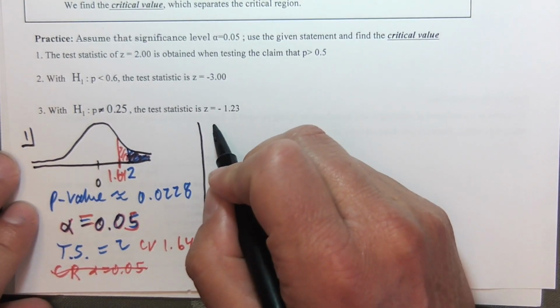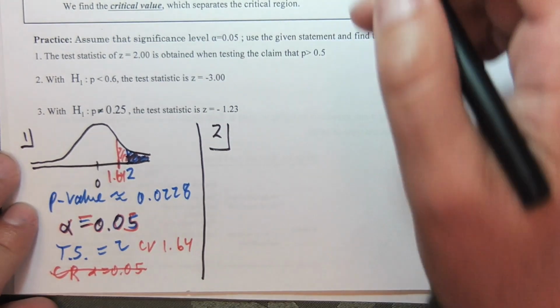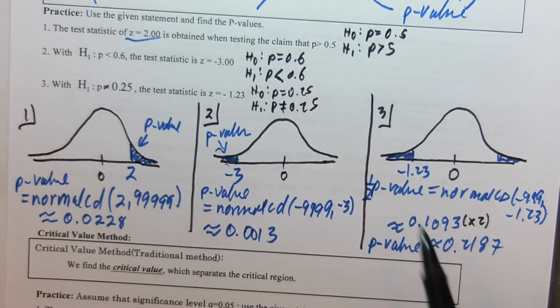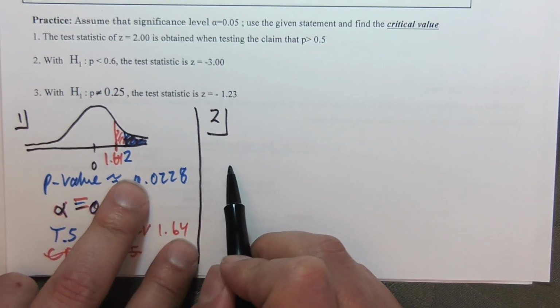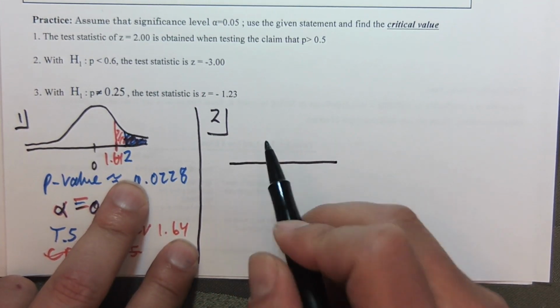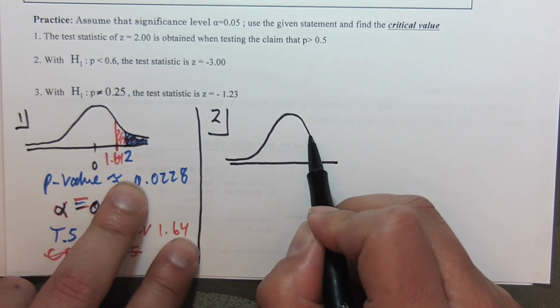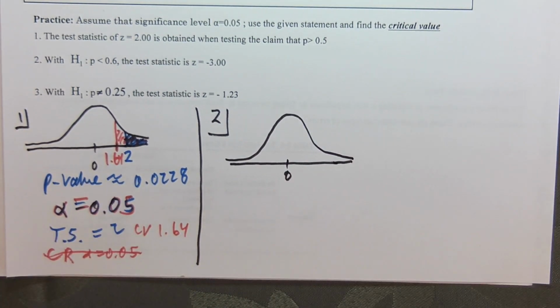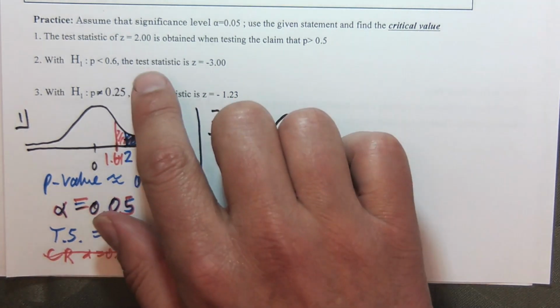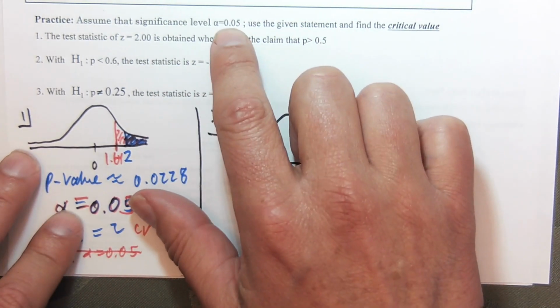Let's try number 2. Once again, same null hypothesis up here as before. This one is less than, so this will be a left-tailed. All right, so we are given information. We're going to assume that the alpha is the same for both.